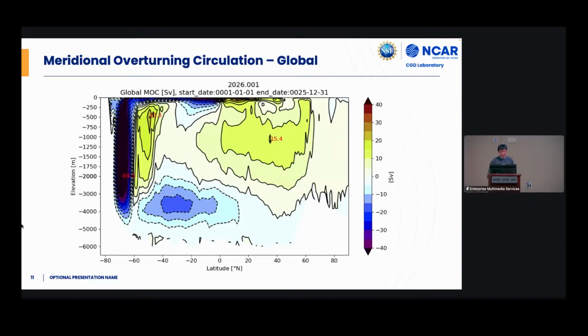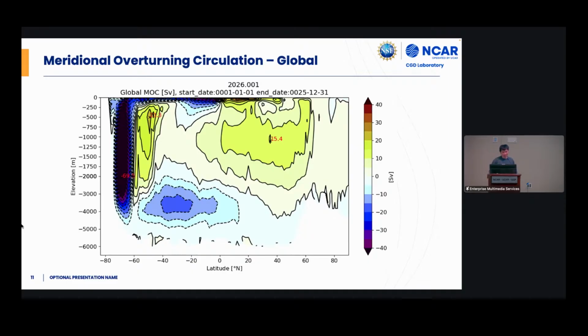Then we also plot the meridional overturning circulation. This is zonally averaged over the whole globe. Again, you can see some problem along the Antarctica.